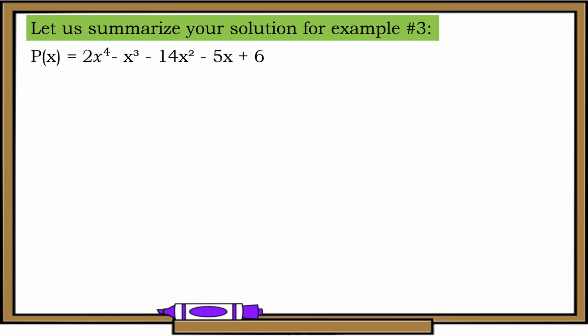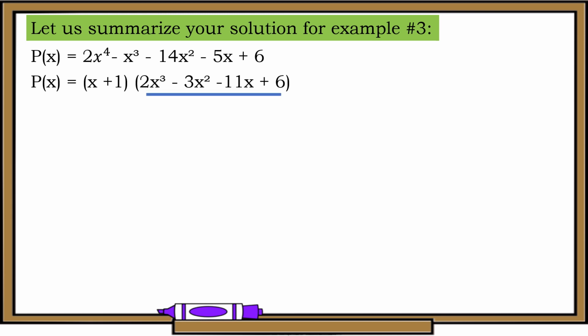When we factored, the first factoring that came out was x plus 1 times 2x cubed minus 3x squared minus 11x plus 6. Then, we factored 2x cubed minus 3x squared minus 11x plus 6. The factor that came out was x plus 2 times 2x squared minus 7x plus 3.